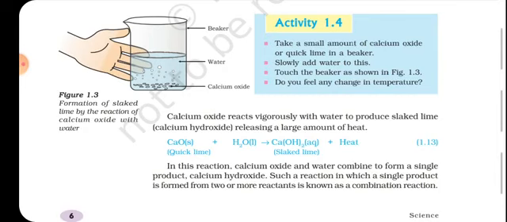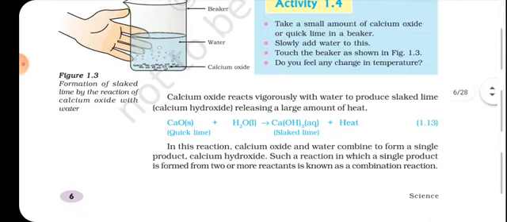A reaction in which a single product is formed from two or more reactants is known as a combination reaction. I hope you are clear with this.